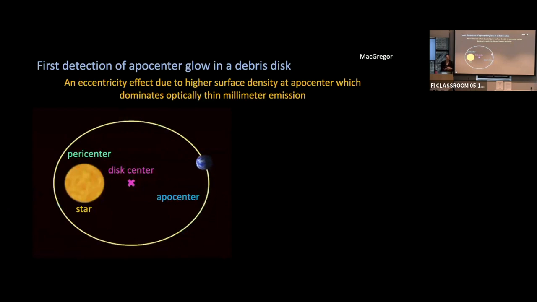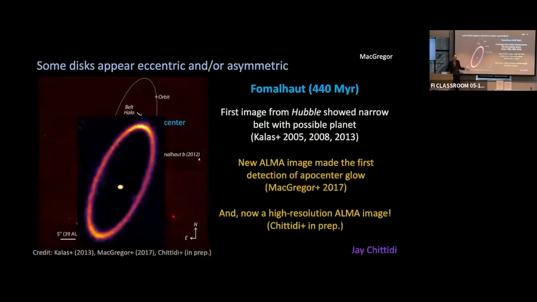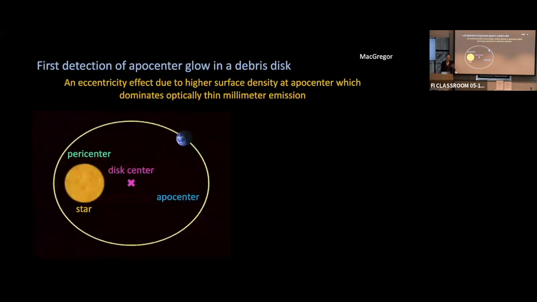And that means that you'd expect there to be a surface density enhancement at apocenter, just because there's more material moving slower and spending more time at apocenter. And so we see that as this brightness difference between the apocenter and pericenter sides of the disk. Because when we're looking at millimeter wavelengths, we're most sensitive to the surface density of material because it's optically thin emission.